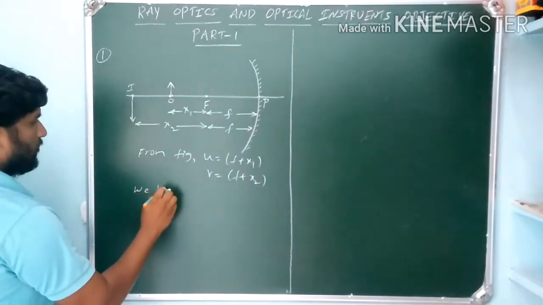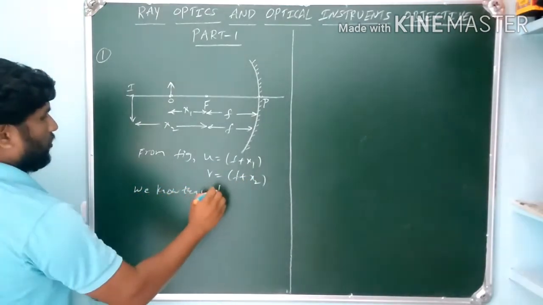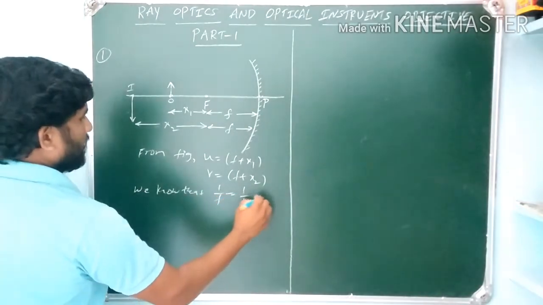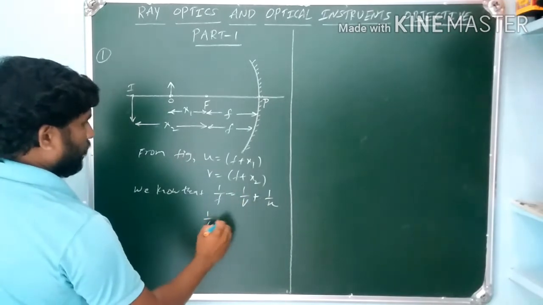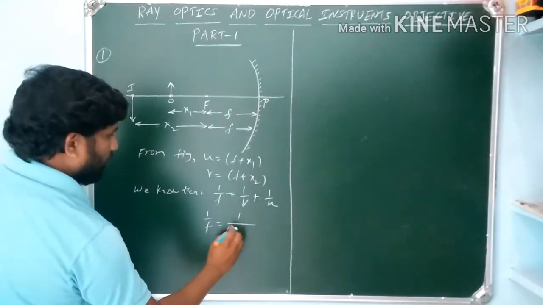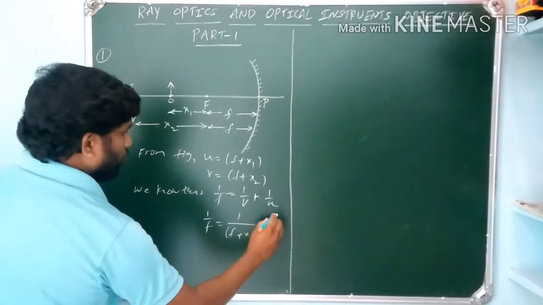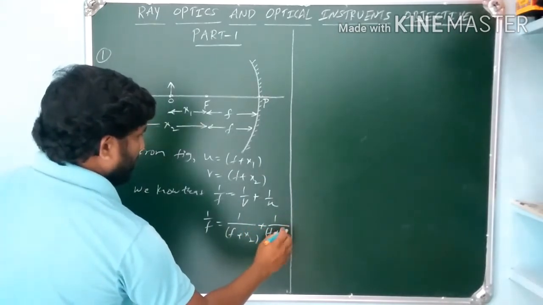We know that the mirror equation is 1 by f equal to 1 by v plus 1 by u. Here v is f plus x2 and u is f plus x1.